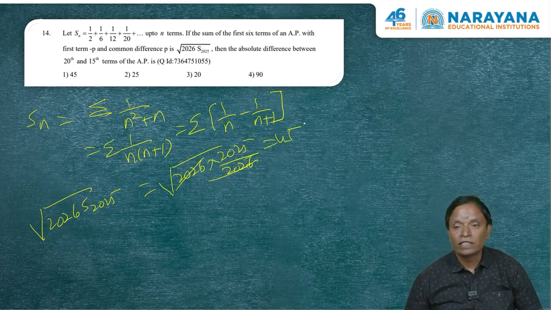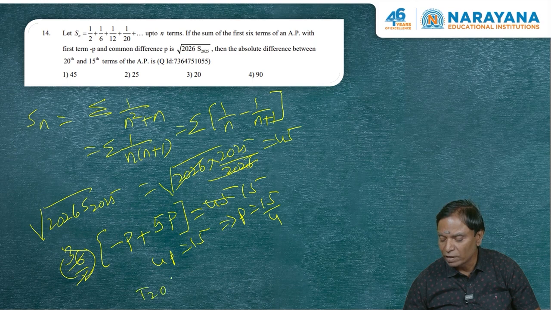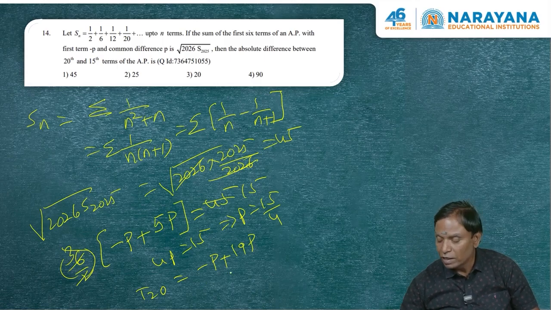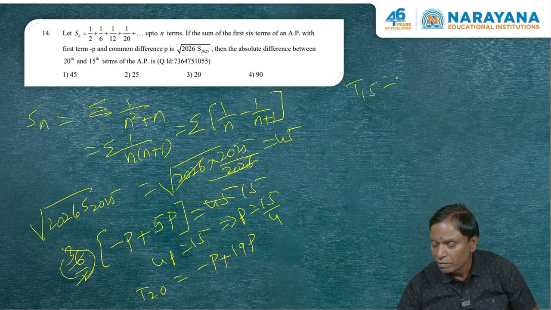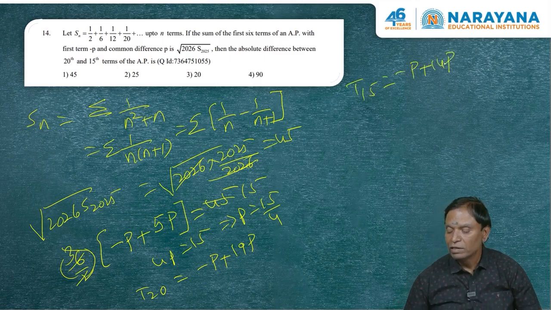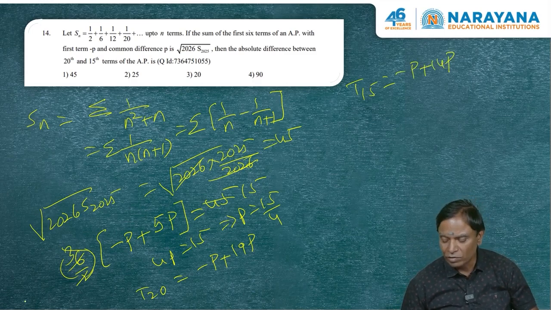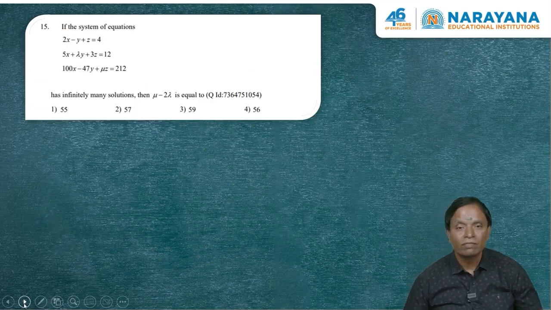So for the AP, your 20th term will be nothing but −p + 19p, and your 15th term will be nothing but −p + 14p. Now you can calculate the modulus of T20 − T15. Okay, let us go to the next problem.